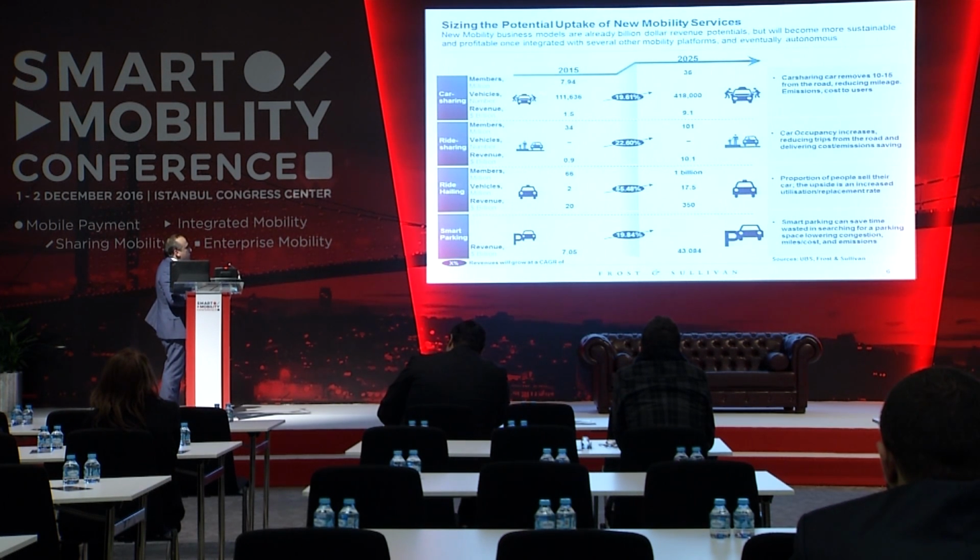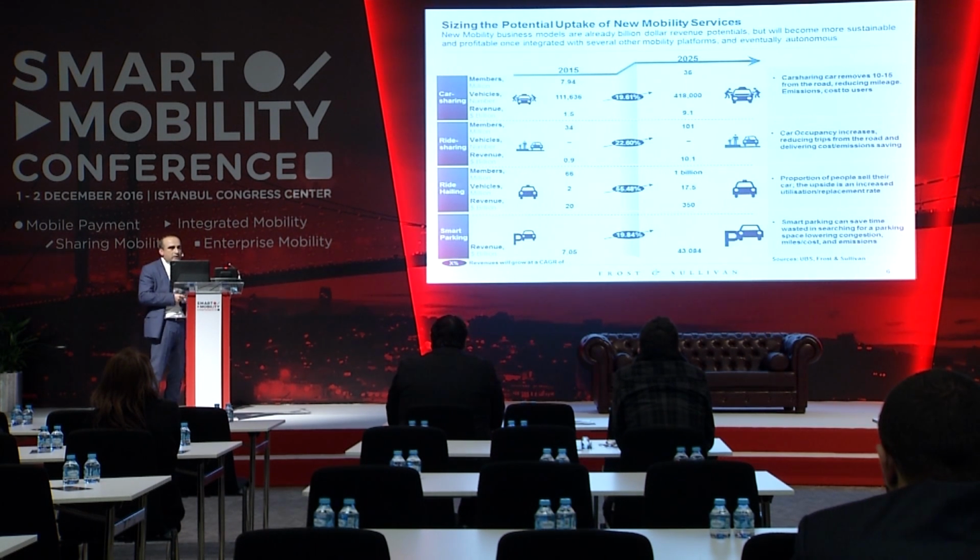Car sharing, these being global numbers, has 8 million members and is going to increase to 36 million, from 111,000 cars to 400,000 cars. So it's increasing around 4 times in a 10-year period, but the revenues are expected to increase by 6 times.